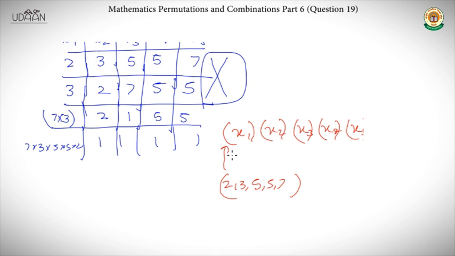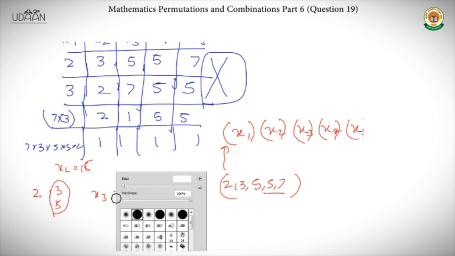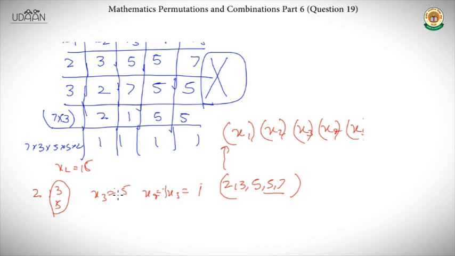How do we say that? We say that because if 2 goes to x1, 3 goes to x2, and again 5 goes to x2, we have x2 equal to 15, x3 equal to 5 into 7, that is 35, and x4 and x5 equal to 1.